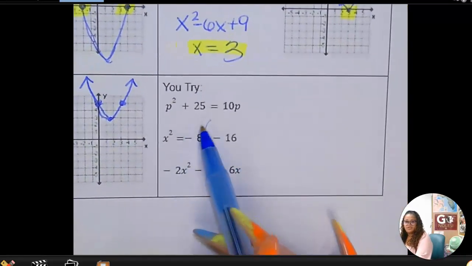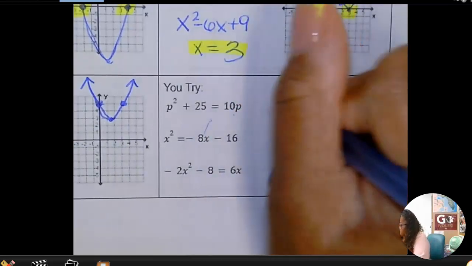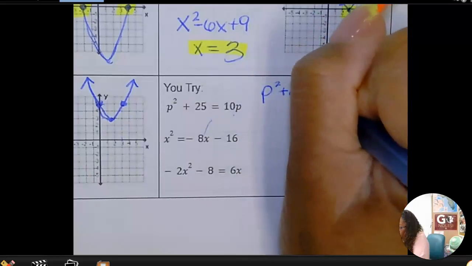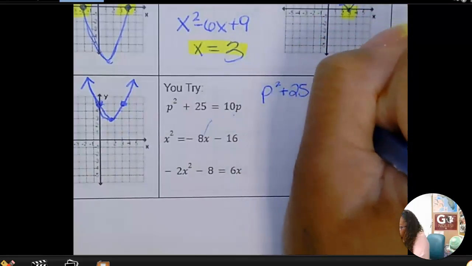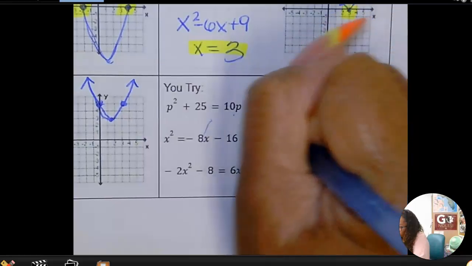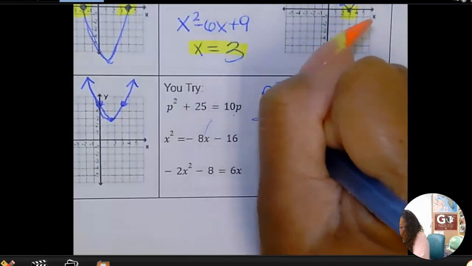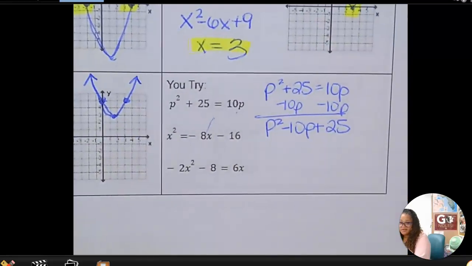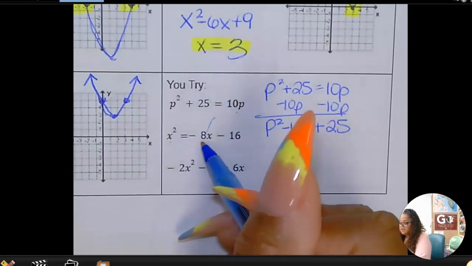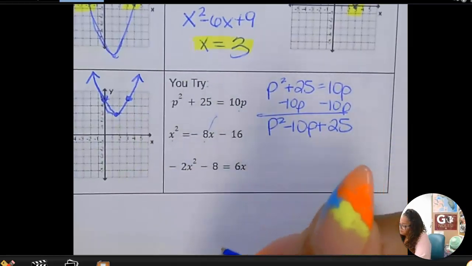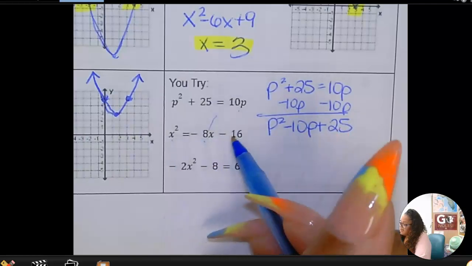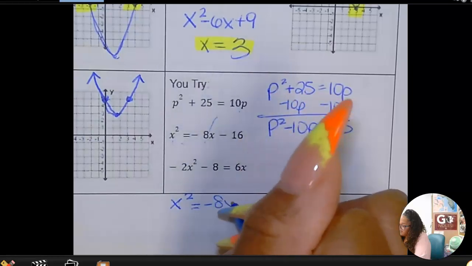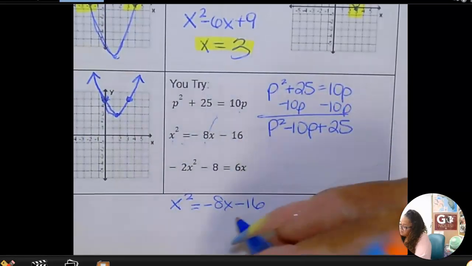Okay, now it says you try. So remember, I've got to get this p squared plus 25 equals 10p. I've got to subtract 10p from both sides. This becomes p squared minus 10p plus 25. Got to find the zeros there. Here, I've got to add both of these to the other side. X squared equals -8x minus 16.